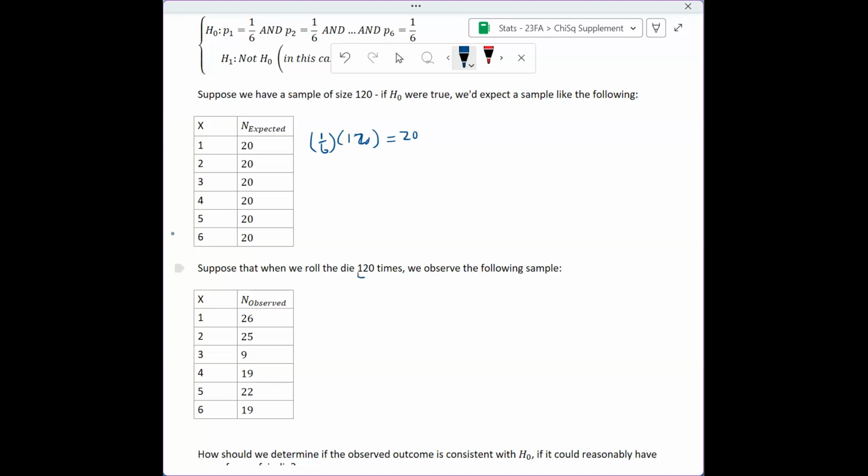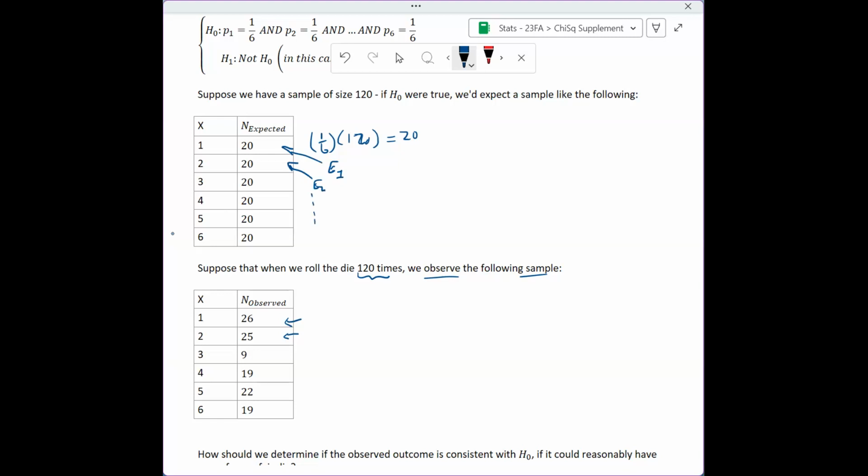Now let's suppose that when we actually rolled 120 rolls, we observe this list of numbers here. In other words, we actually got 26 1s, 25 2s, and so on. For future notation, we'll call these the expecteds, like expected 1, expected 2, and so on.